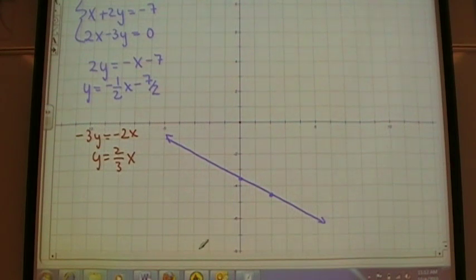Alright, second one. What's your y-intercept? There is not one, so it's 0. What is your slope? 2/3, so up 2 over 3. Draw your line.